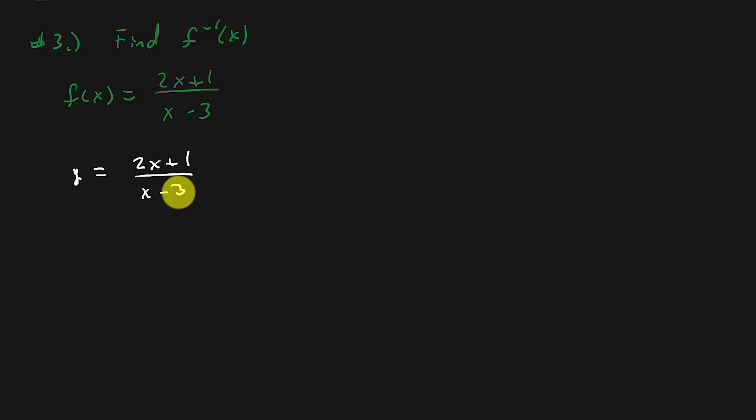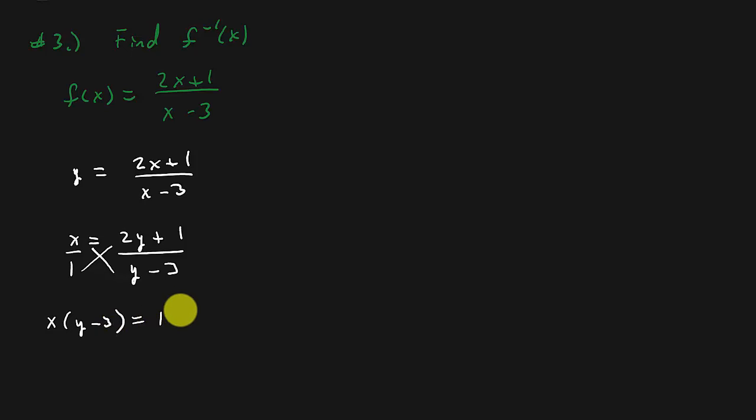All right, and then you swap the x's and y's, so we get x equals 2y plus 1 over y minus 3. And then we just solve for y. So you can look at this as two fractions equal to each other. So we can cross multiply. So that's going to be x times y minus 3 equals 1 times 2y plus 1.